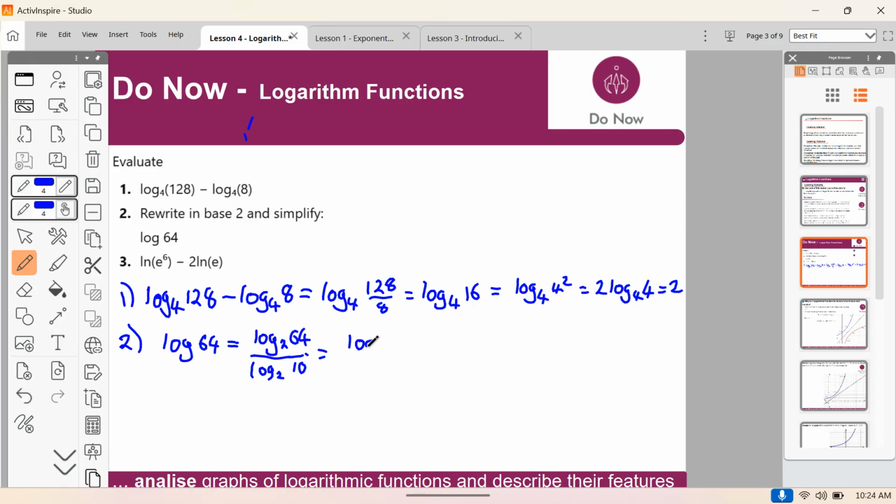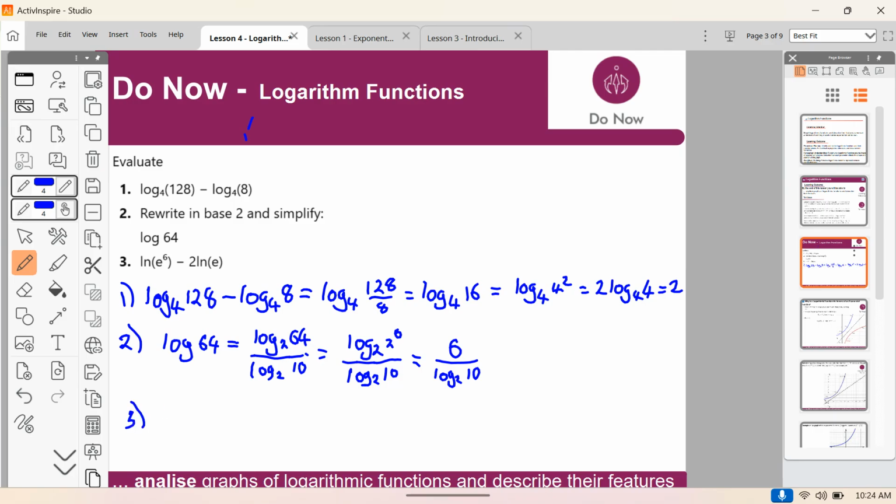Now, log base 2 of 64 is log base 2 of 2 to the 6, over log base 2 of 10. So that's going to be 6 over log base 2 of 10. That's as simple as we can go.